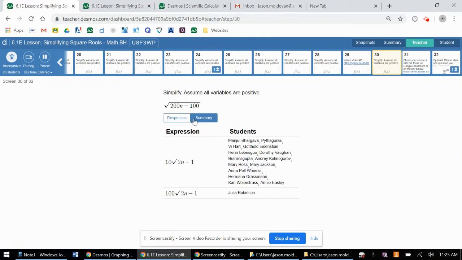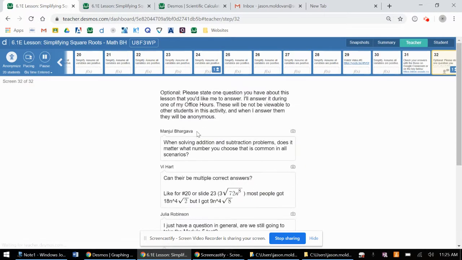And for this problem, the greatest common factor was 100 because 100 goes into 200 and into 100. So that is the answer to that question. What number do you choose? I would choose the greatest common factor so that you're certain that your answer is fully simplified.